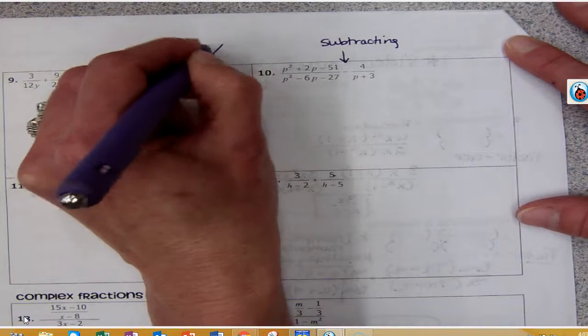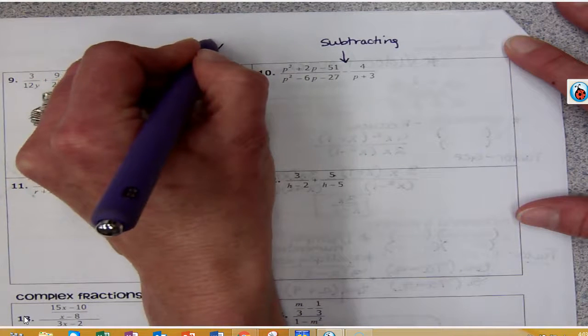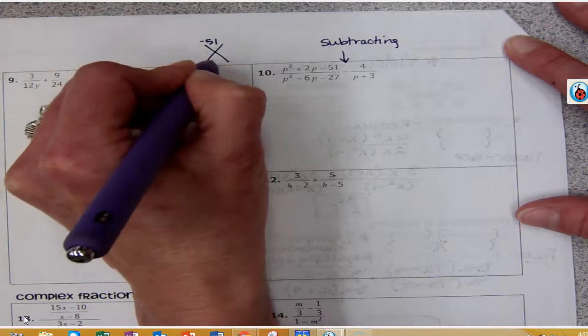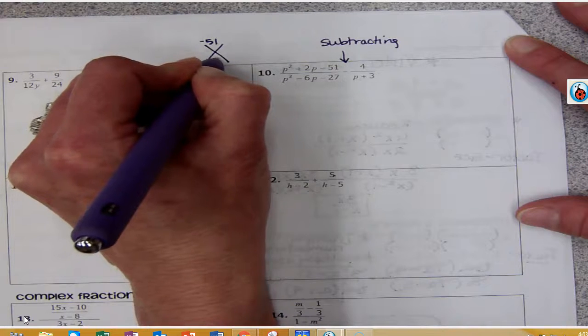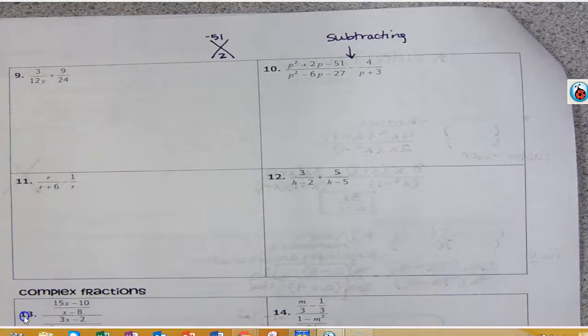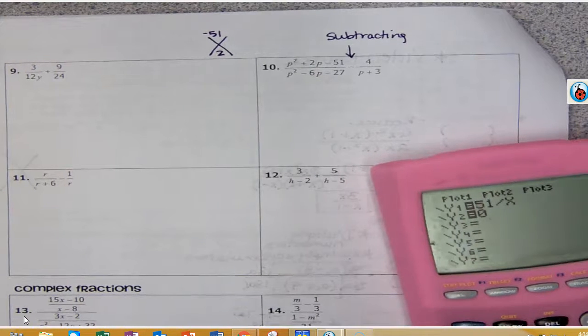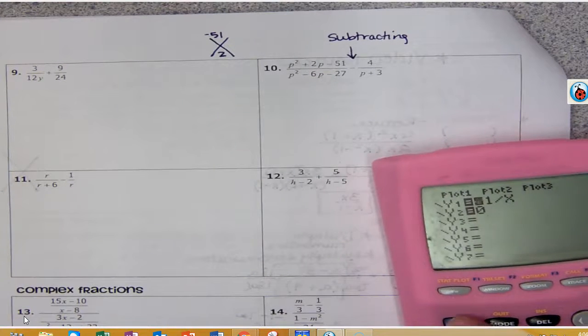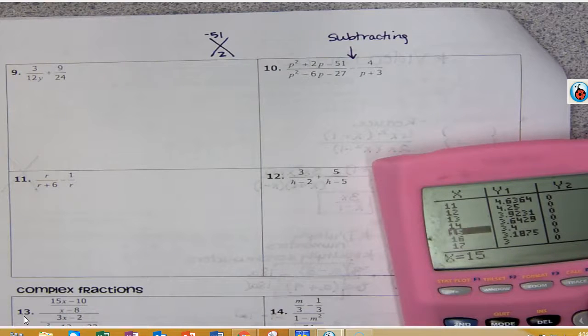So for my numerator, I'm going to say what two numbers are going to multiply to give me negative 51 and add to give me 2. And I'm going to figure out very quickly that if I have 51 divided by x and go to my table, I've got 17 and 3, and 1 and 51.